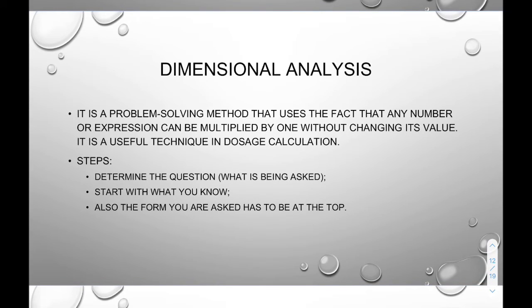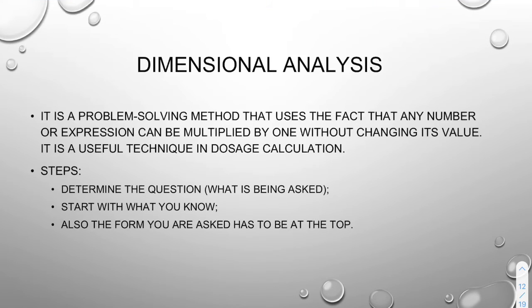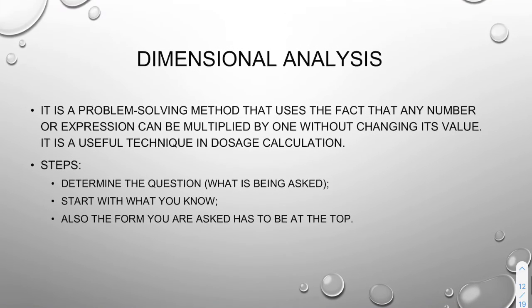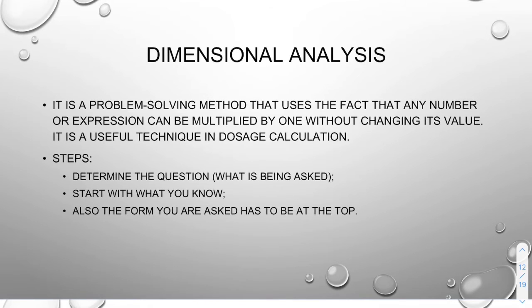It is usually used in chemistry and physics, and it makes it very easy to solve your questions. There are certain steps you are required to follow. First, determine the question. What's being asked? Then start with what you know. Also, the unit you are asked for has to be at the top.